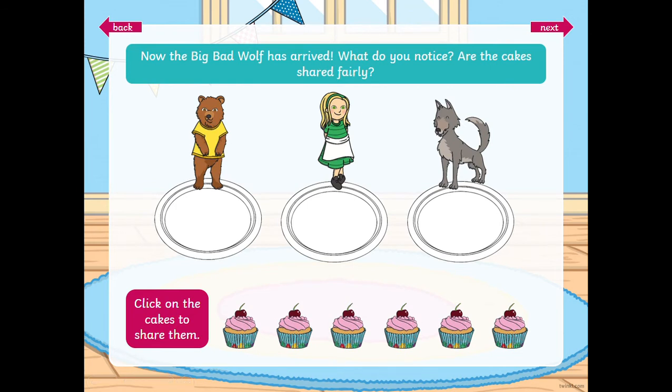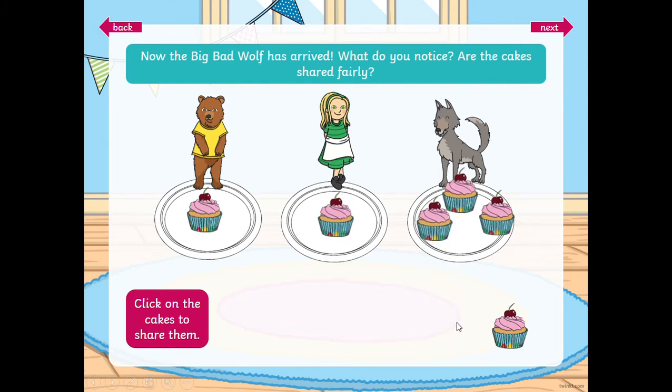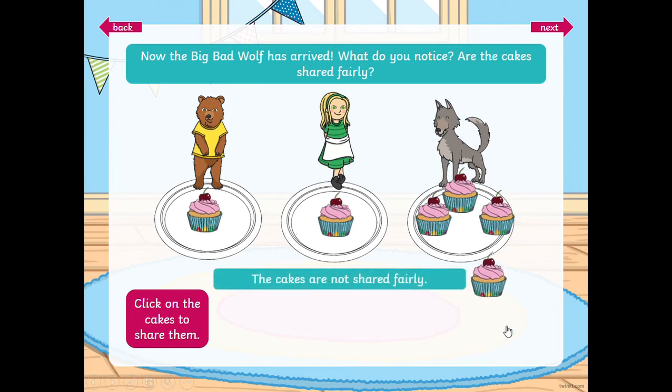Now, the big bad wolf has arrived. Okay, so let's share these cakes between them. 1 for Baby Bear, 1 for Goldilocks, 1 for the big bad wolf, 1 for the big bad wolf, 1 for the big bad wolf. Oh, 1 for the big bad wolf.